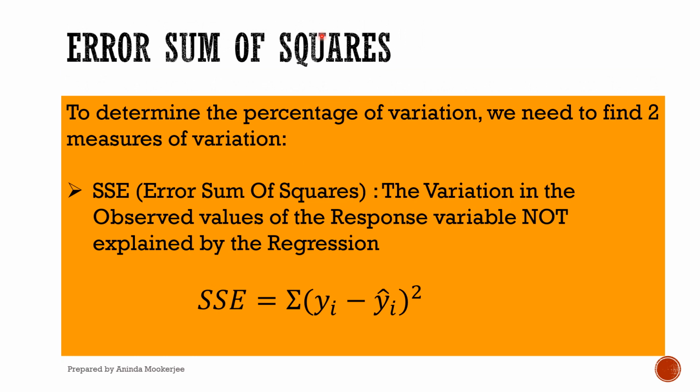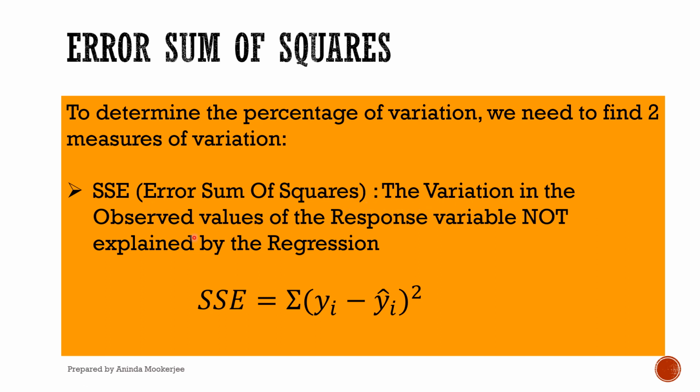We have a third quantity which is called the error sum of squares, but we don't need this to find the coefficient of determination. Actually, it's not a part of the formula for it, but we will need it for something else pretty soon. So let's review it, remind ourselves what it is. SSE is the error sum of squares.